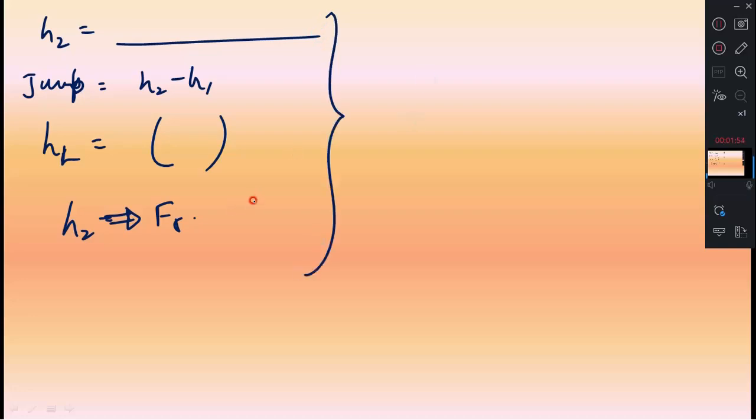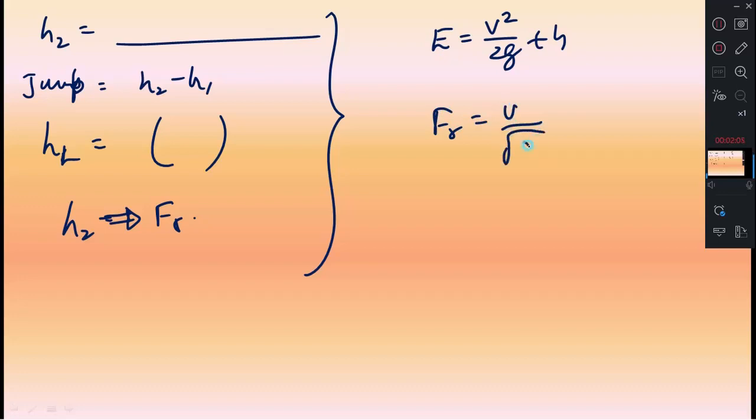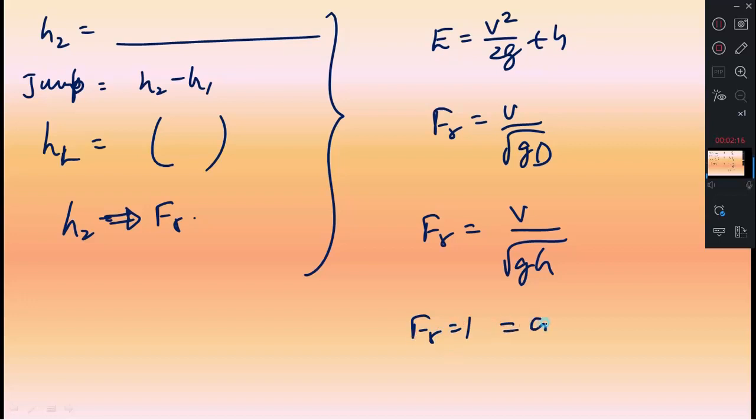Along with these equations, we should know that energy is V square by 2G plus H, and that Fr is equal to V by root GD, or V divided by root GH. You should also know that Fr equal to 1 is the critical condition. This is your summary chart. This one you need to remember.